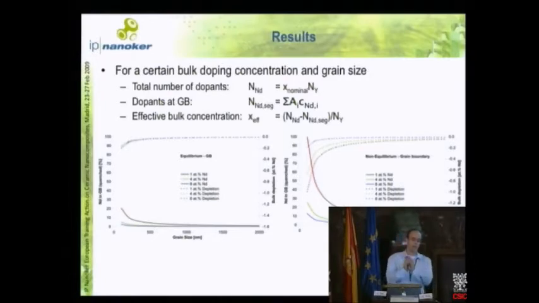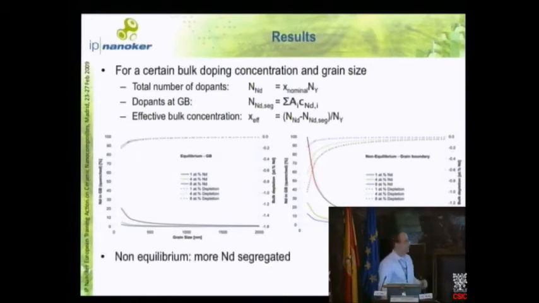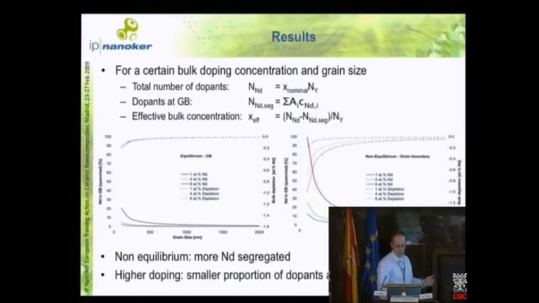So for reasonably large grains, we get quite a reduction in the number of dopants that are sitting in the center of the grain. So this means in a non-equilibrium case, we will have a higher proportion of dopants that are segregated at the grain boundary. And as I mentioned before, for higher dopant rates, we can actually reduce this fraction of segregated dopants.